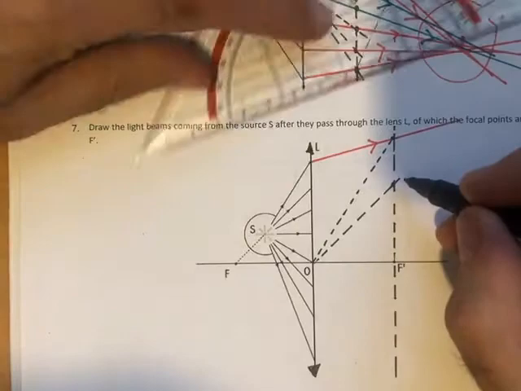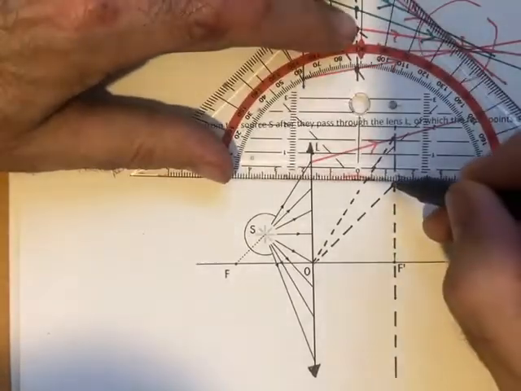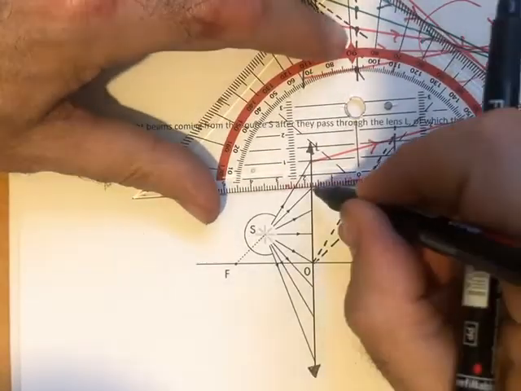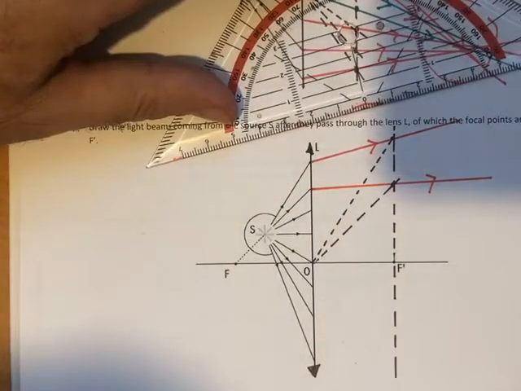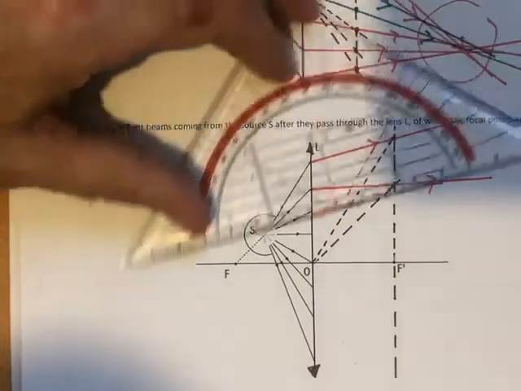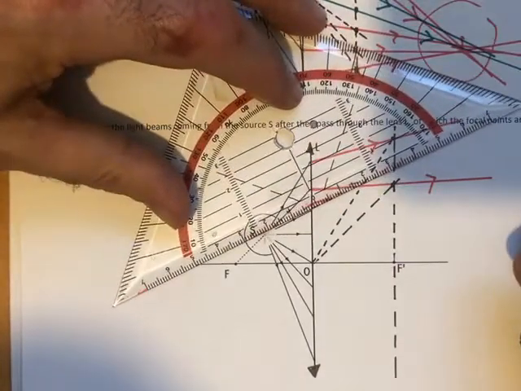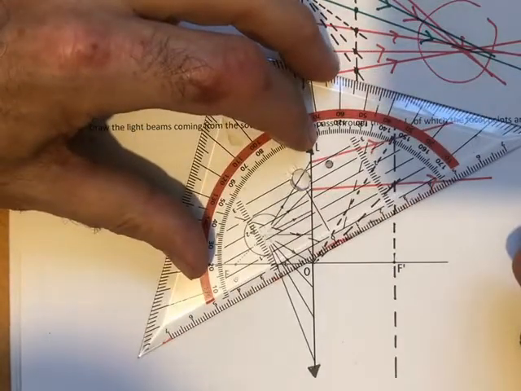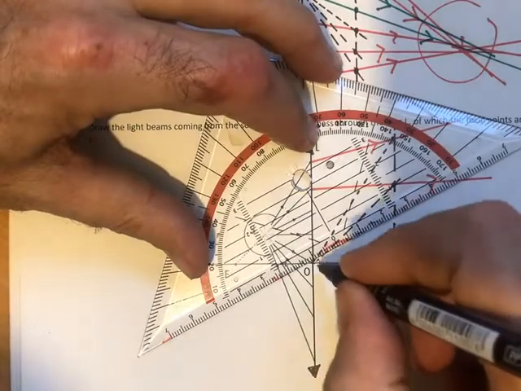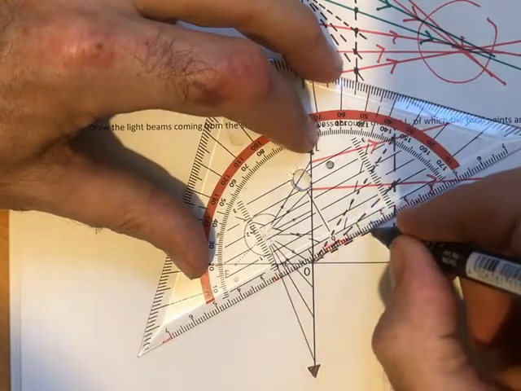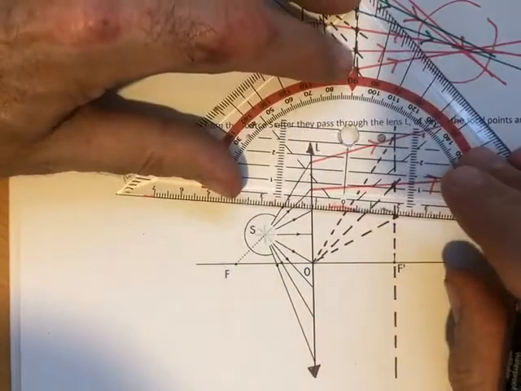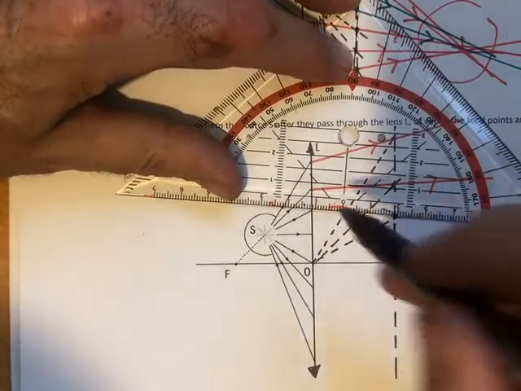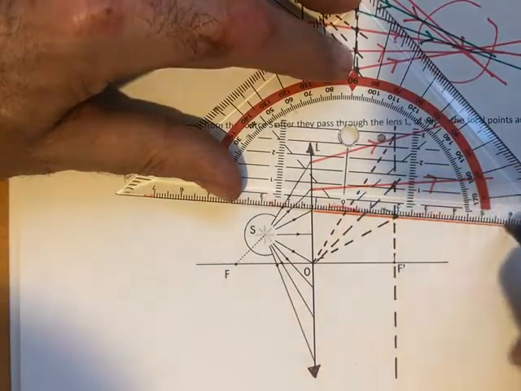This defines a point, and so this light beam goes through that point. Okay? Then we have this one. We draw a parallel. So this one is going this way.